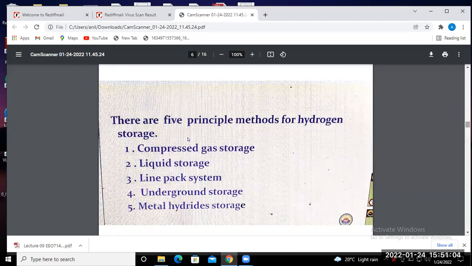You have to keep in mind these are the five principal ways we can store hydrogen: either in compressed gas form, liquid form, line pack system, underground storage, and metal hydride storage. Okay, let's see these one by one.